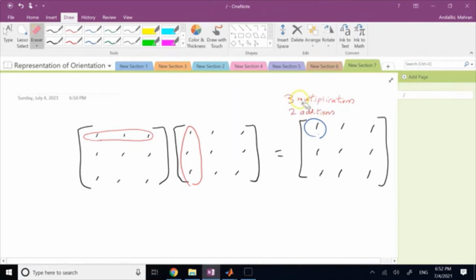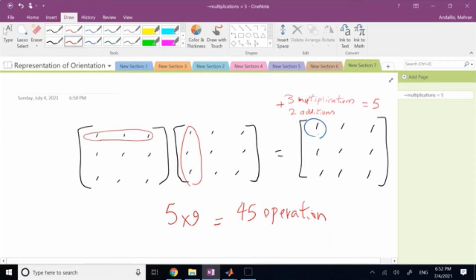Correct? So that's the amount of calculation for one element, 5 operations. And now you have 9 of them, so it gives you what? 45 operations. So in order to multiply 2 rotation matrices, I need 45 basic arithmetic operations to make it happen.